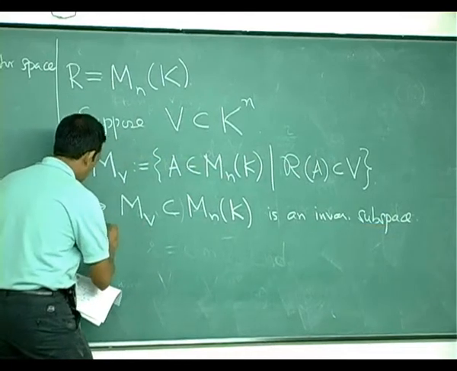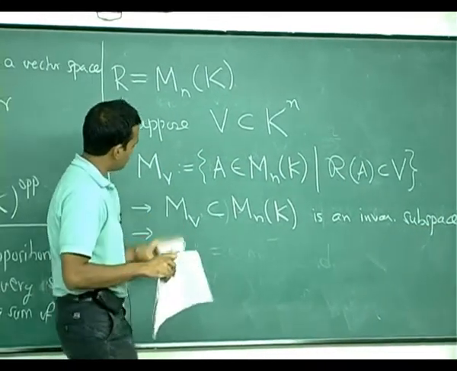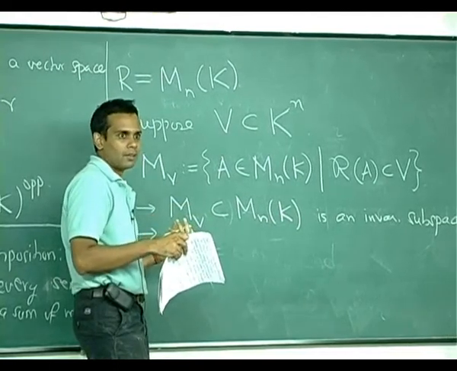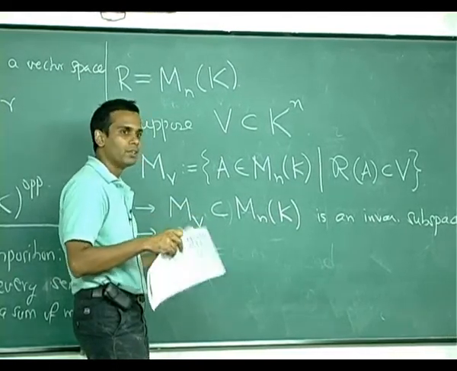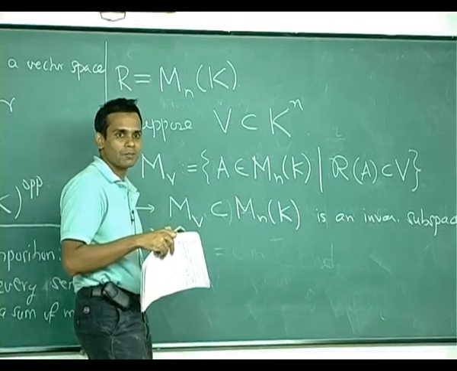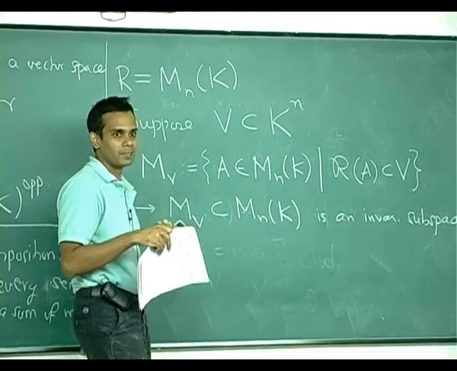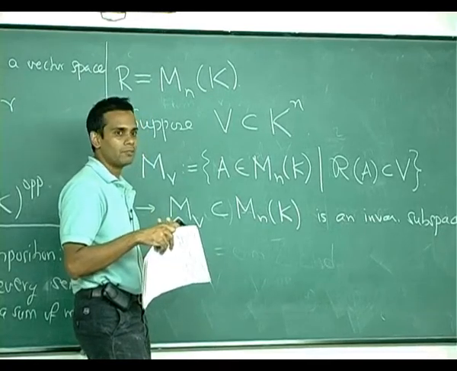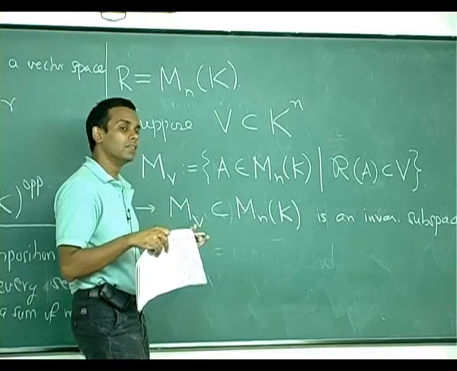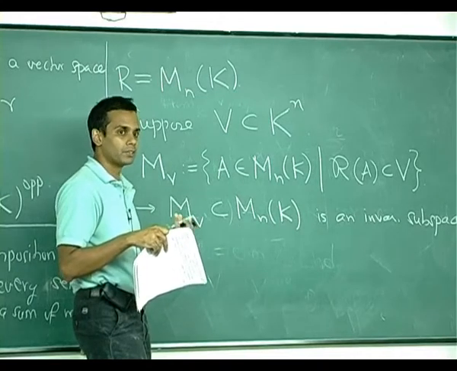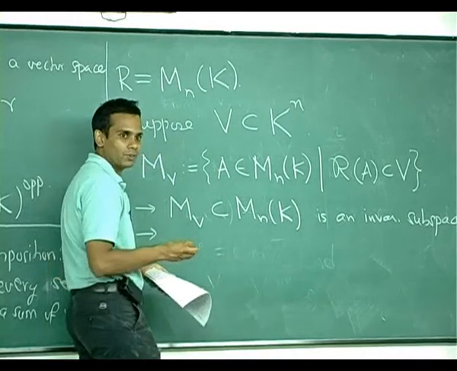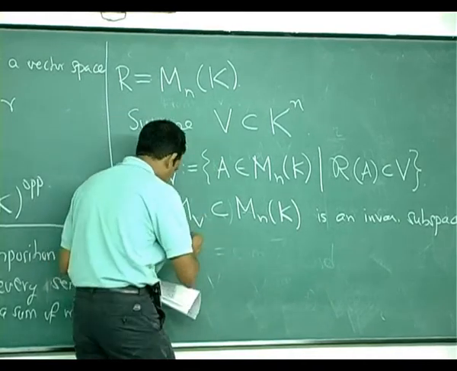And so when is M_V simple? Well, if you have a subspace W of V, then you can look at M_W, which will be a subspace of M_V, and it will be an invariant subspace. So certainly if M_V is simple, then V has to be one-dimensional. The converse is also true. If V is one-dimensional, then M_V is simple. These will be exercises for you; they're on the homework.